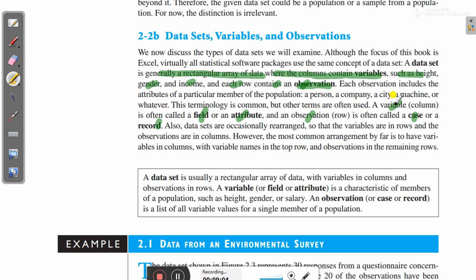But the variable is the column of the dataset. So try to remember: what is a dataset, what is a variable, what is a field, what is an attribute, are they related, are they the same, what is an observation, what is a case, what is a record, and are they related or are they the same.